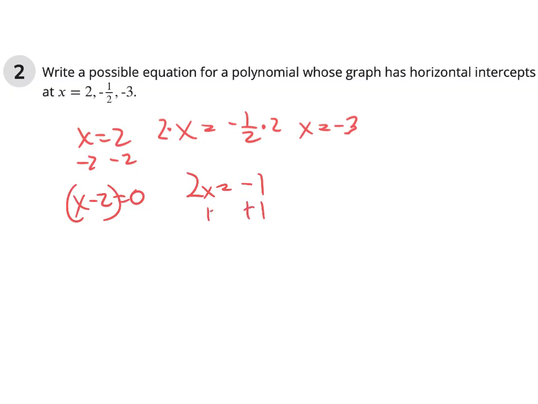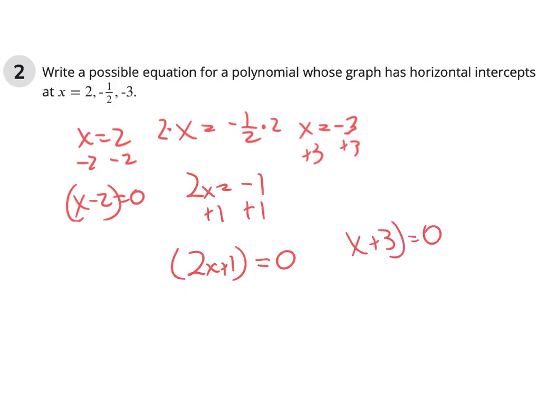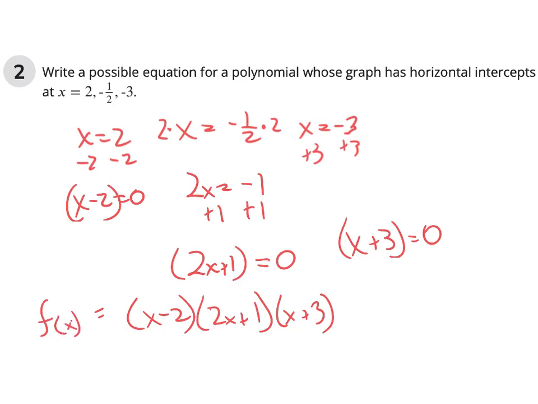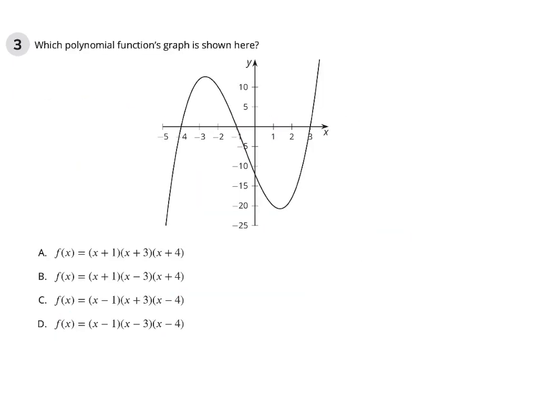We add 1 to both sides. 2x plus 1 is another factor because it equals 0. And then add 3 to both sides, or just simply switch the signs. Here go our 3 factors: x minus 2, 2x plus 1, and x plus 3, and we'll call this f of x, some function in x.